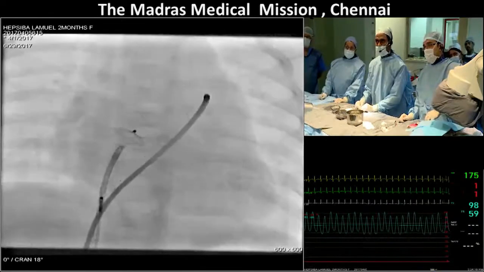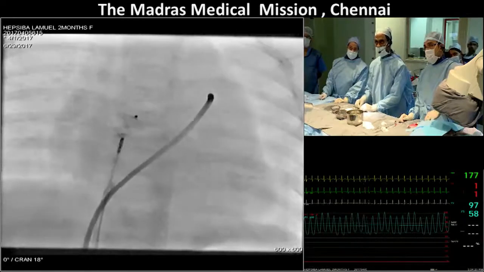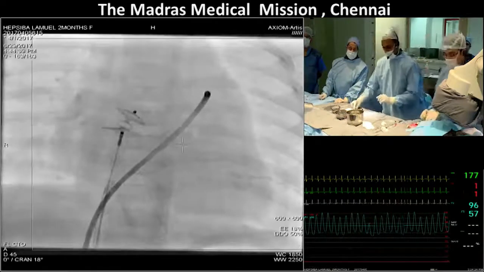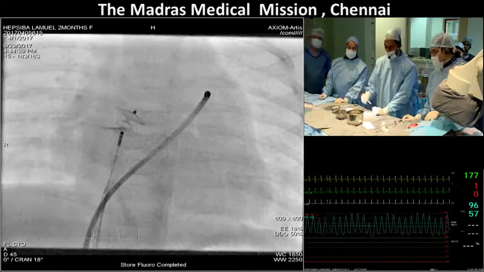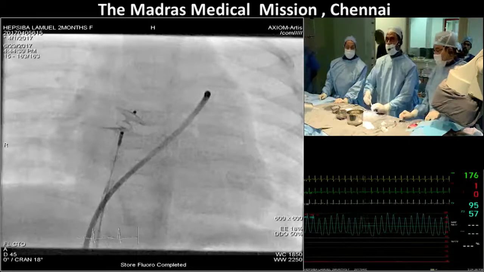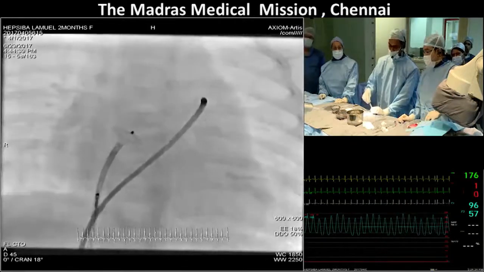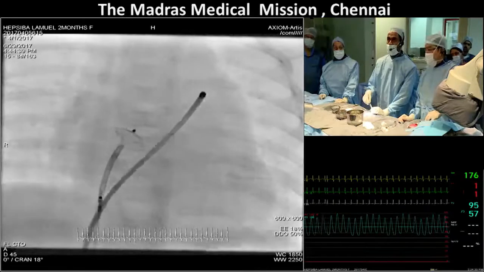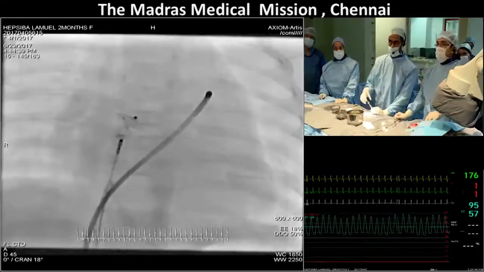So we have come to the point of occlusion. Fluoro store, store this, show this. So we have released the device based on the fluoroscopic anatomy.